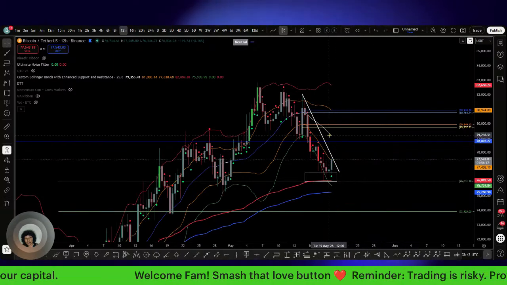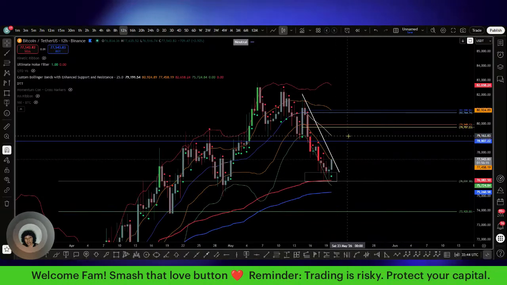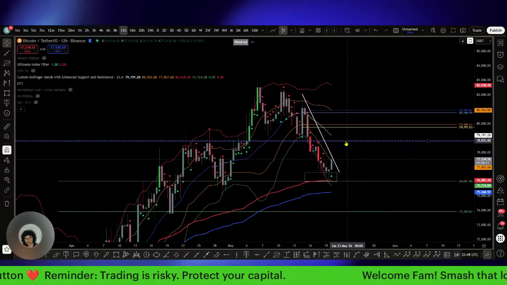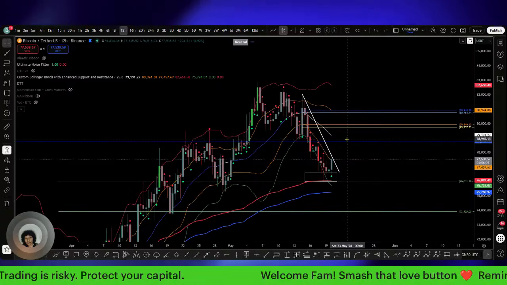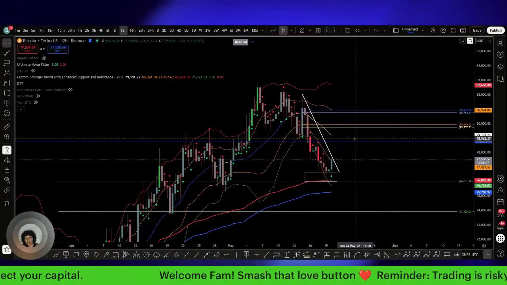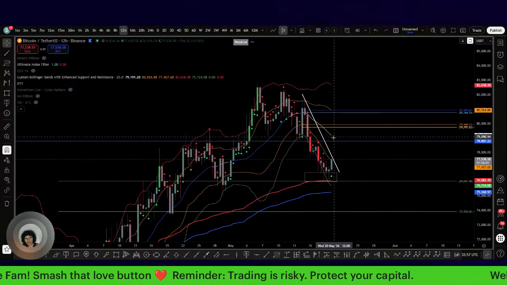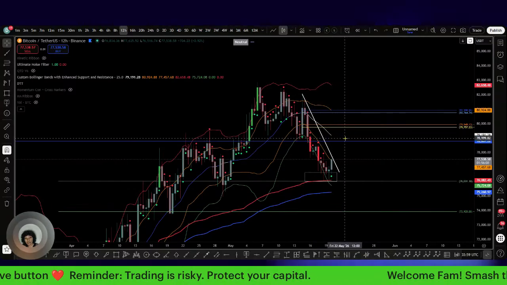I want to see us actually break out of here and at least push up here into this 20 SMA that we have here. So we have the 50 slightly above this blue line right here. So this is one of the levels that I'm talking about. Over time, we will see this 20 SMA start to grind down a little bit lower.